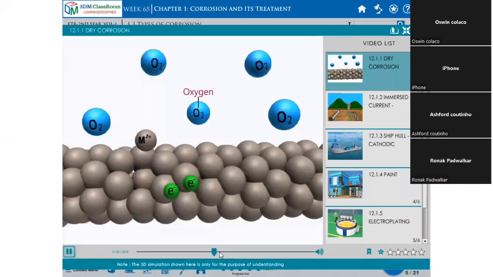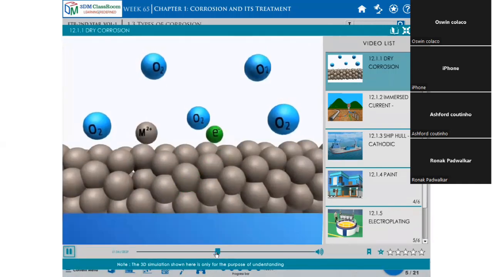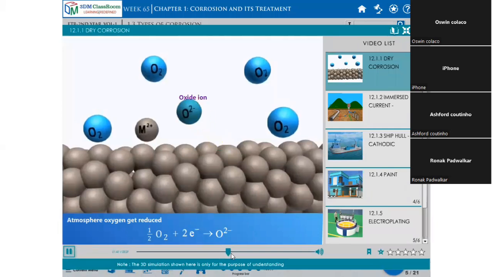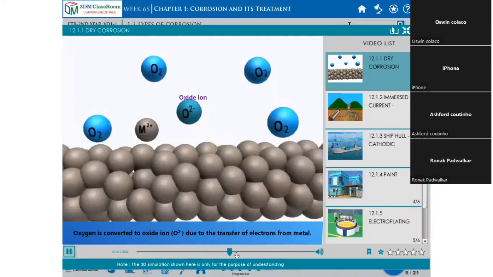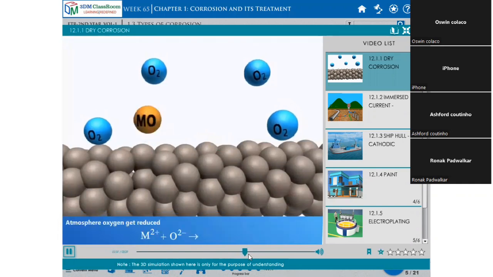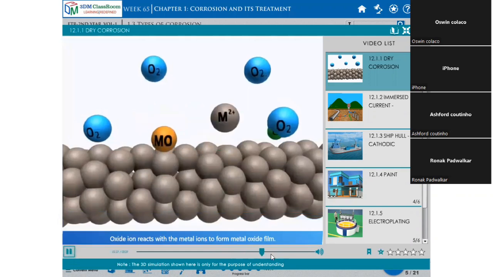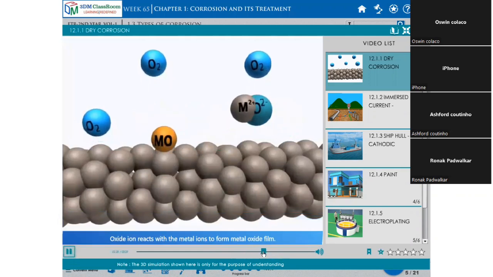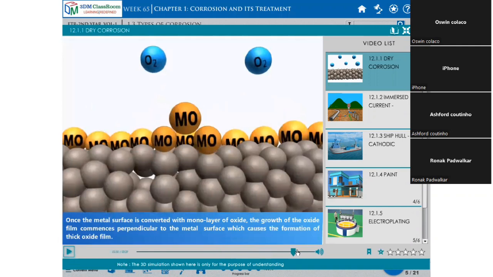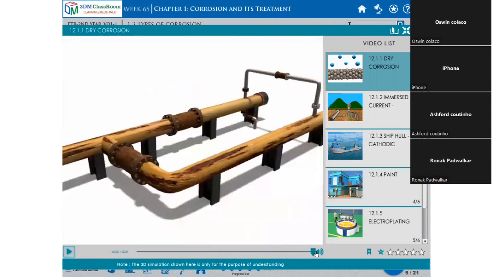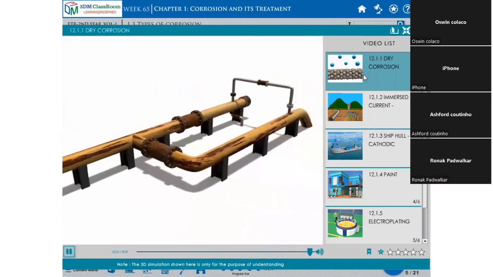It takes a very long time. This way it starts rusting, so it will become all reddish in color.